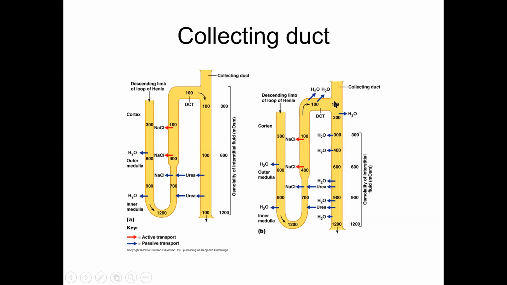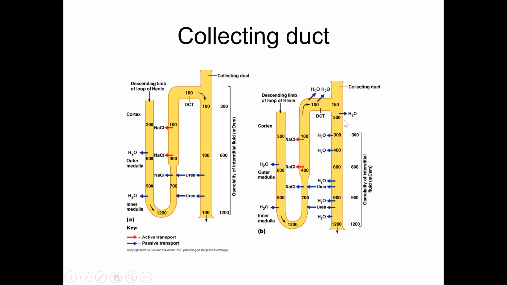Around the collecting duct, the concentration is from 300 to 1200. The filtrate that gets in is only 100, much more dilute than the surroundings. Because of that, water will continue to move out by osmosis.